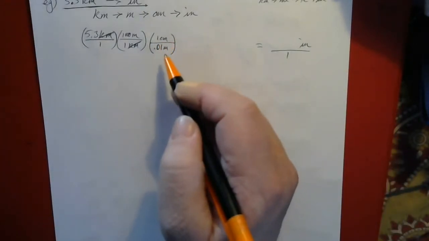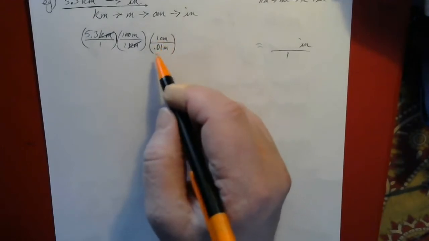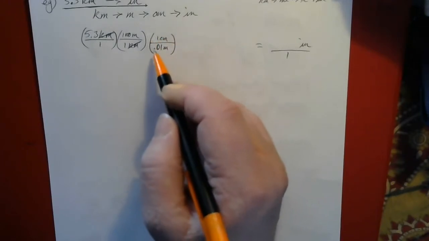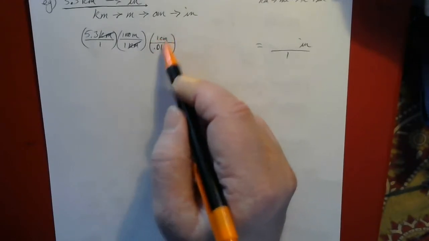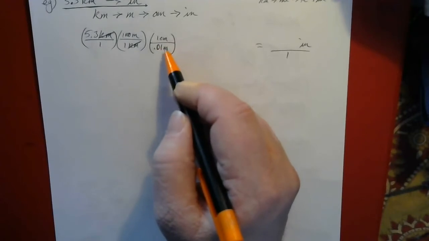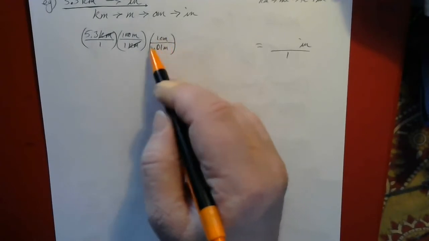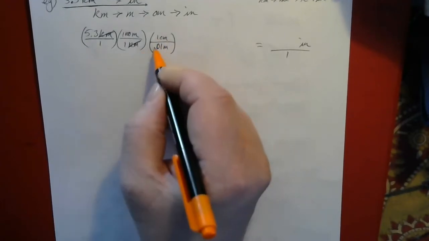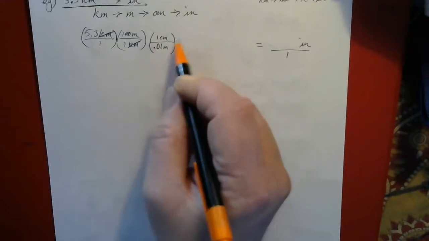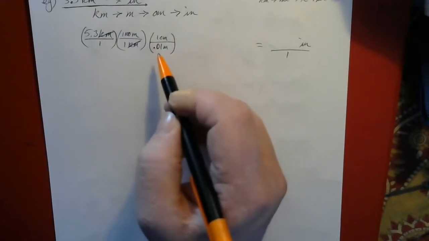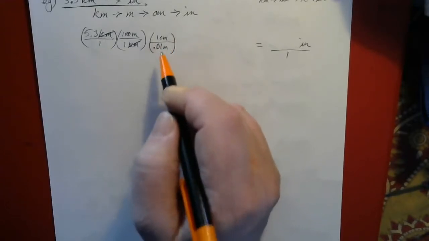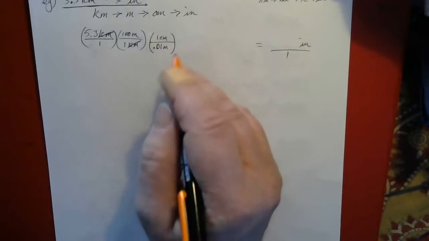Or there are 100 centimeters in a meter. So you could write this as either 100 centimeters over 1 meter, or 1 centimeter over 0.01 meters. Mathematically, it comes out the same either way. I wrote it this way because this way conforms more exactly to the definition of what centi means.